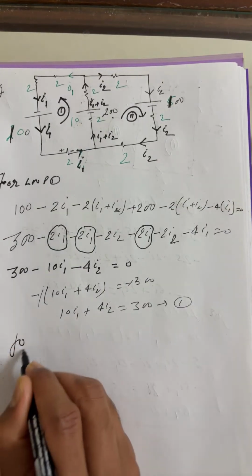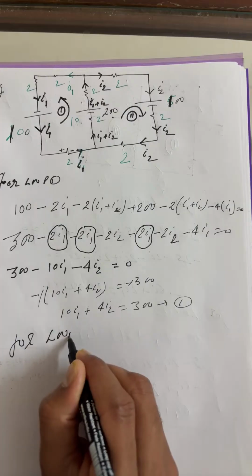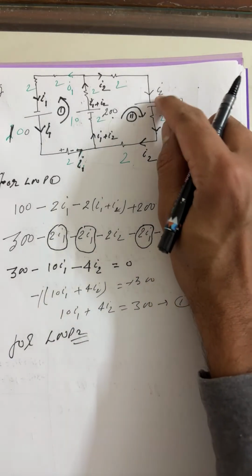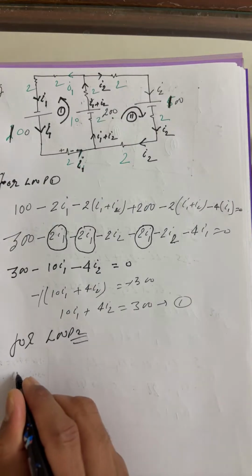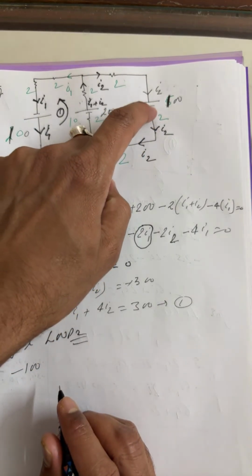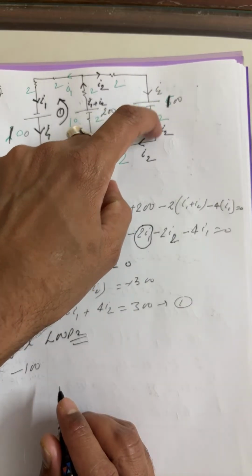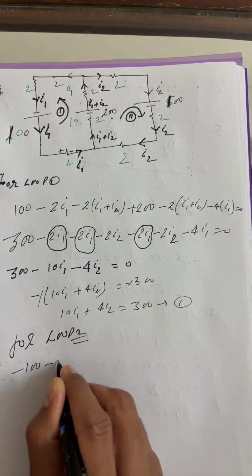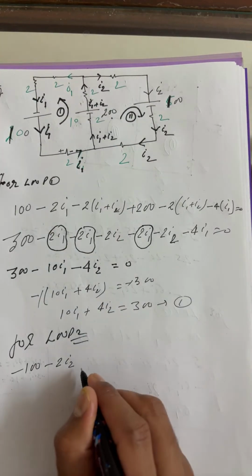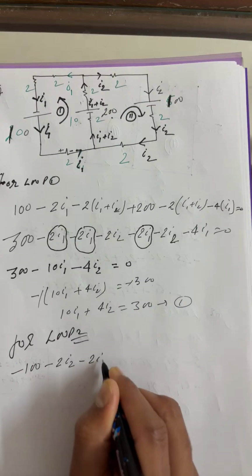So beta, you can see this is next one, for loop 2. Okay, for loop 2 bacha. So what we can say, plus to minus minus 100. Beta, plus to minus minus here. And this is again plus to minus minus 2 I2. Beta, again here plus to minus minus 2 I2.